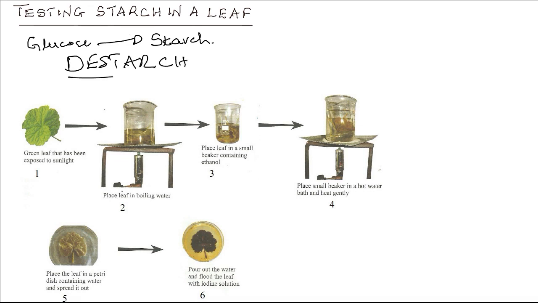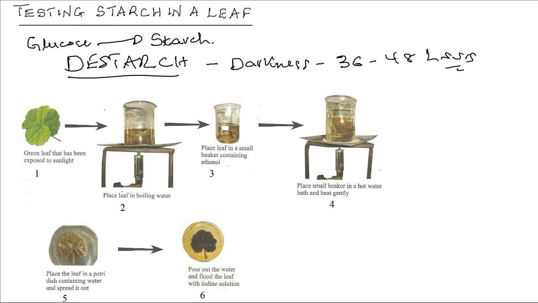Once that has taken place, we should expect that photosynthesis will have occurred in the plant, and the excess glucose will be converted into starch.